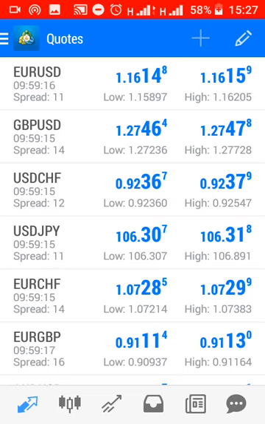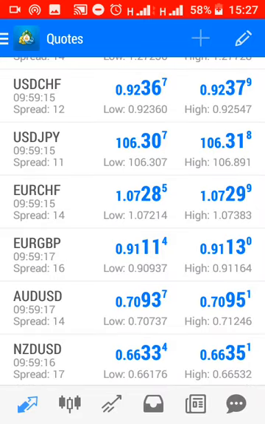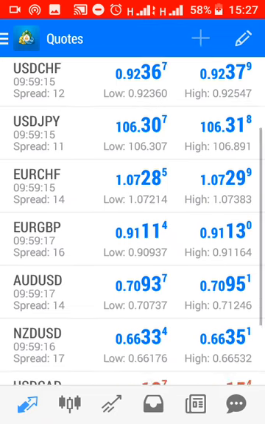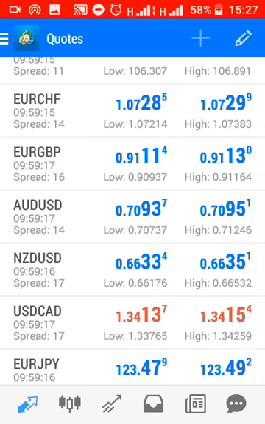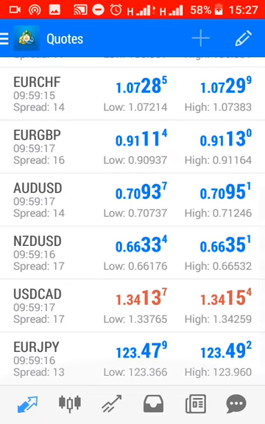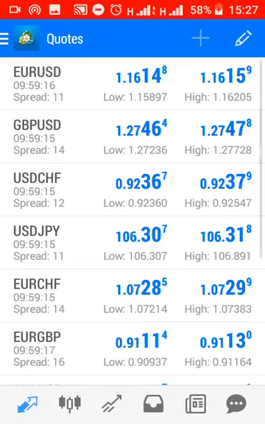USD/CHF is the United States dollar and Swiss francs, then USD/JPY for the Japanese yen, EUR/CHF, EUR/GBP, AUD is the Australian dollar, NZD is the New Zealand dollar, and CAD is the Canadian dollar. I hope you understand those pairs.